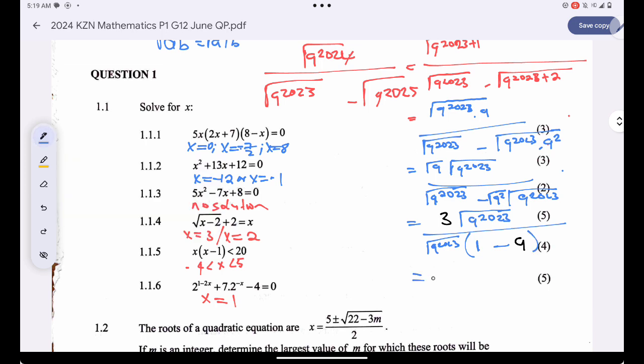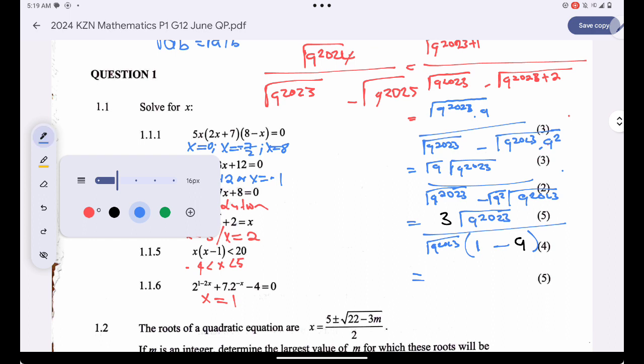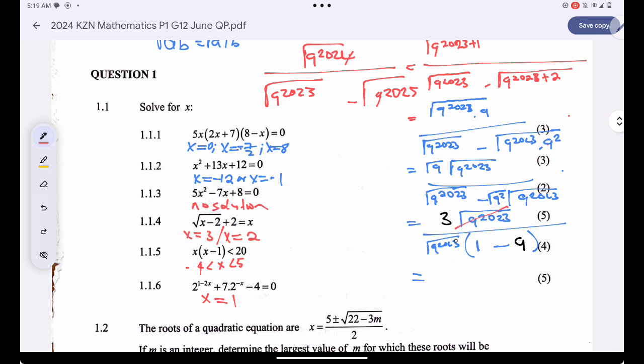Are we together? And then this guy will cancel this one, then I'll be left with 3 to the power 3 all over 1 minus 9, which is 8. I'll have negative 3 over 8 as my final answer.